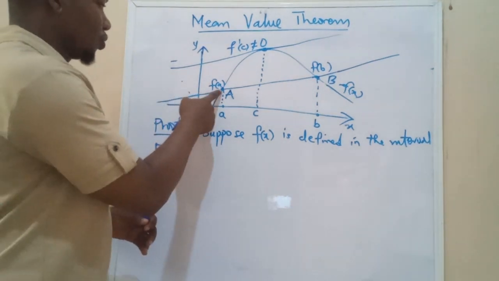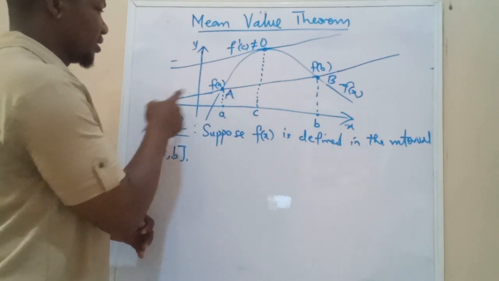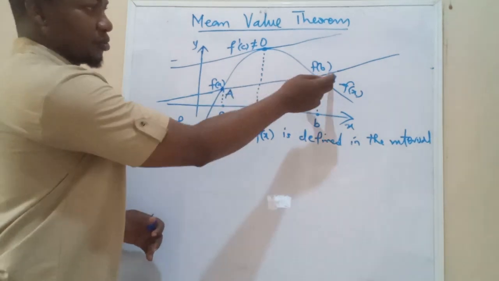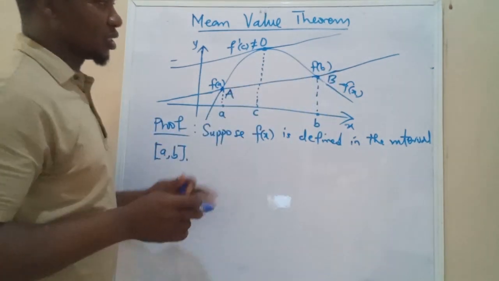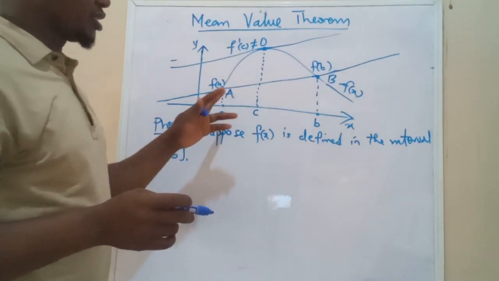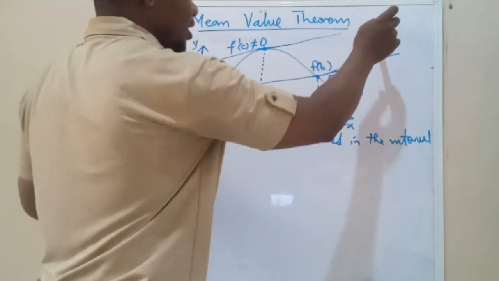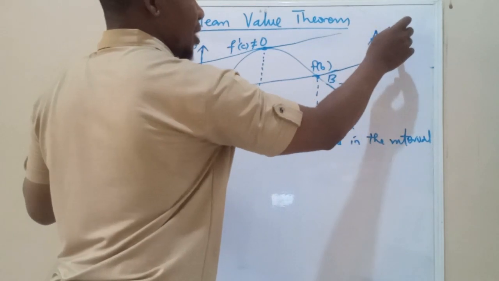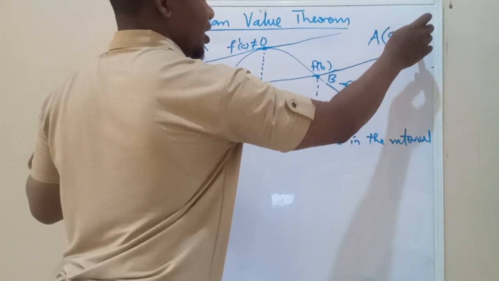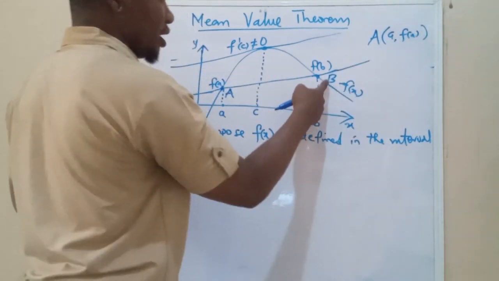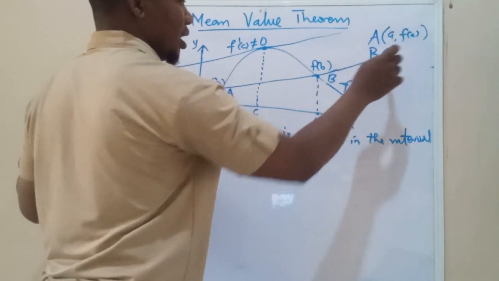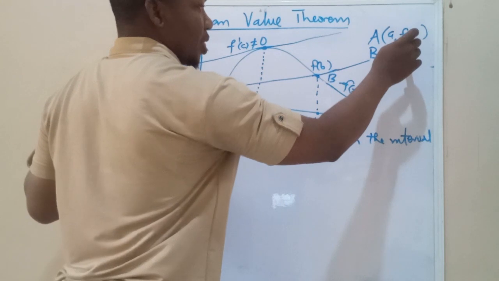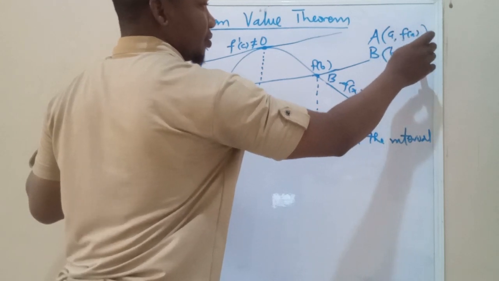Okay, so when we observe, there is a line joining the points A and B, these 2 points, where the point A has the coordinate a comma f of a, and the point B has the coordinate b comma f of b.